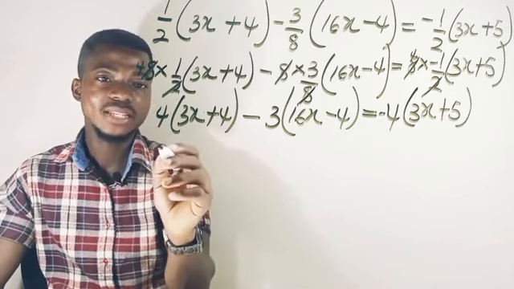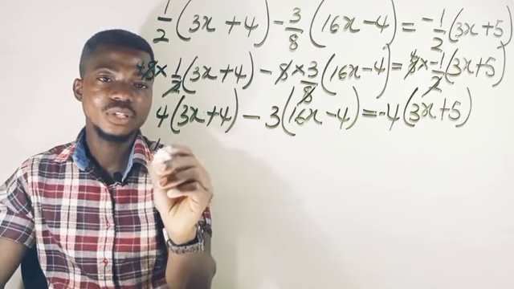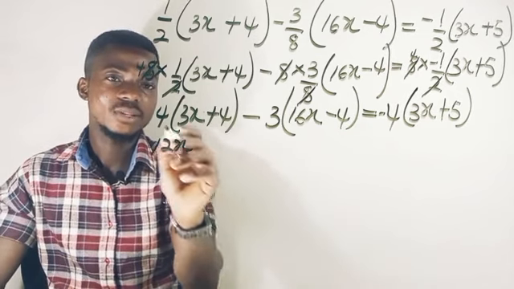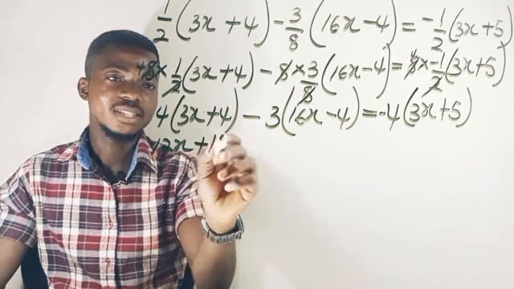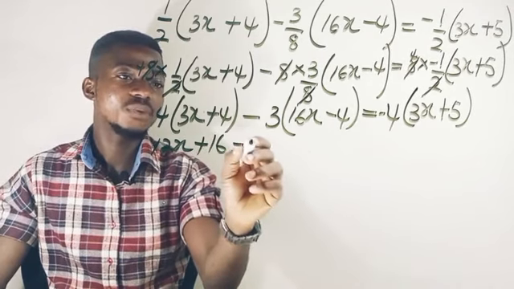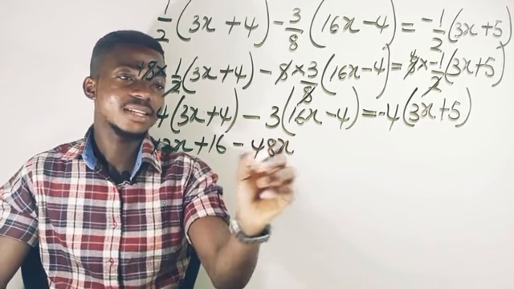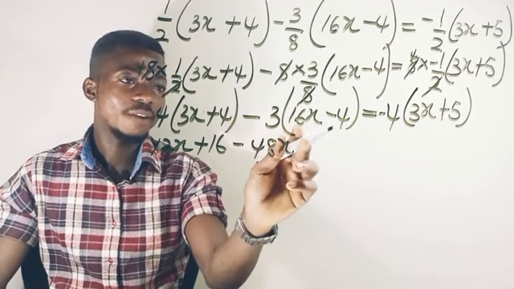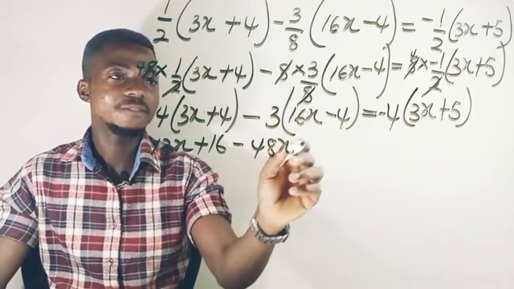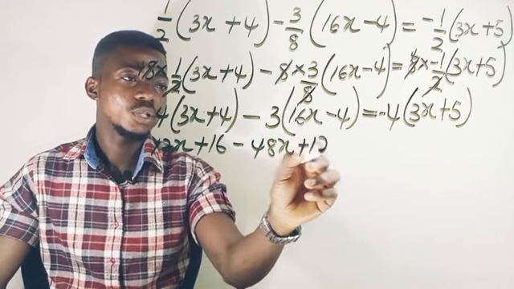Okay, so 4 times 3x is going to give us 12x. Yeah? Then this is a plus. So 4 times 4 will give us 16. Then we'll move forward. We have 3 times 16 will give us 48x. Okay? Now, you have to be careful here because you have 2 negatives. So negative 3 times negative 4 will give you positive 12.